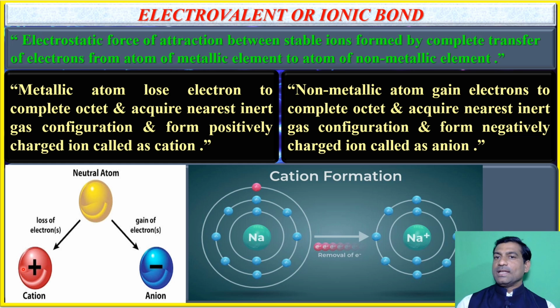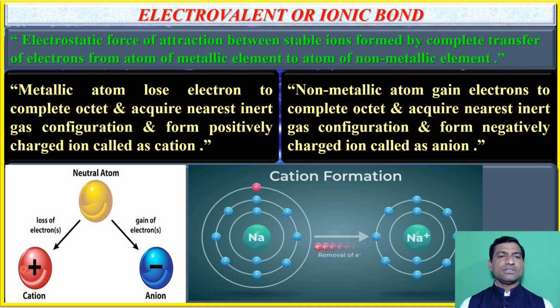The non-metallic atom gains the electron to complete the octet and acquires the nearest inert gas configuration, forming a negatively charged ion, that is called an anion.